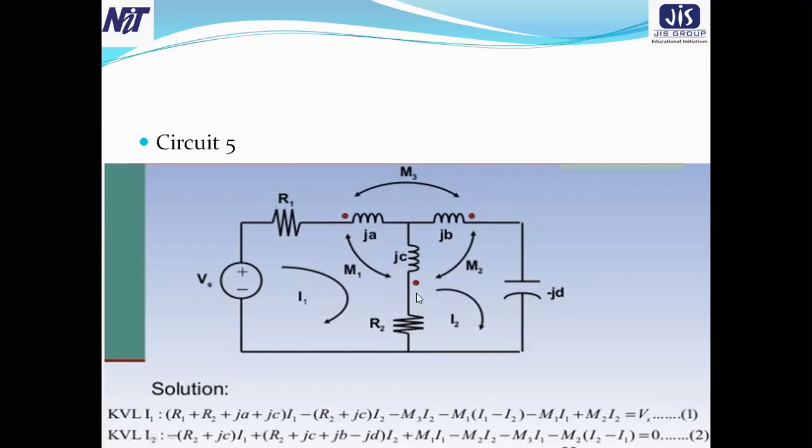M1 gets a minus sign because this is in the opposite direction, so minus M1 I1, no problem. Now for M1, a common current is there, so minus M1 (I1 − I2). Now M3 is also between these two, so this is also minus, M3 I2, and here plus M2 I2, that equals Vs. This is equation 1.